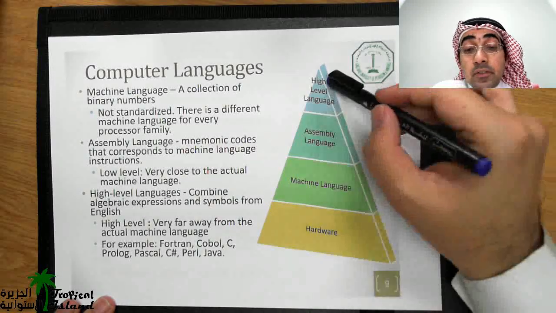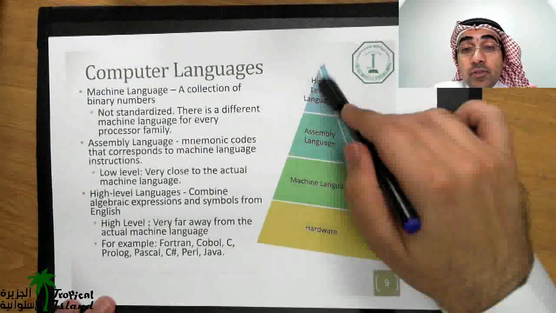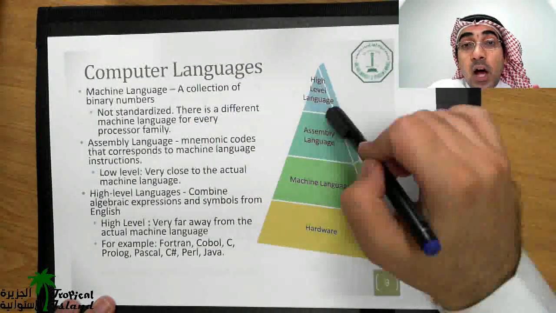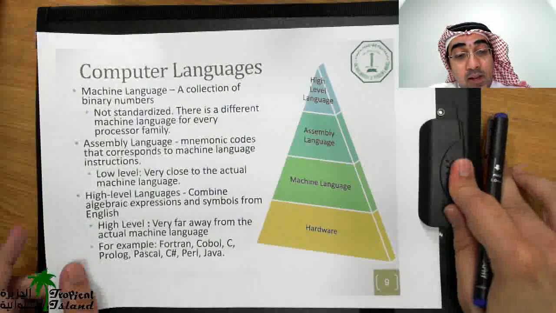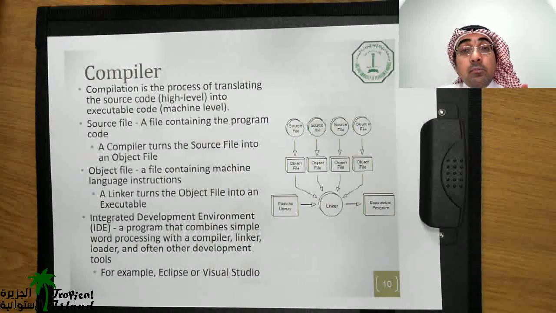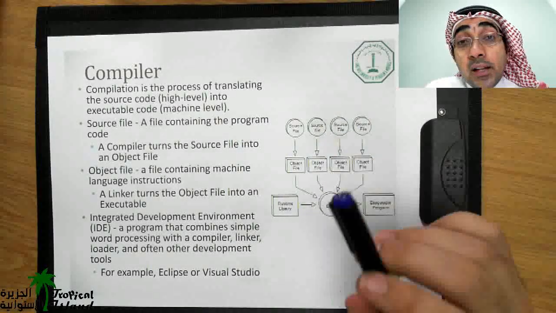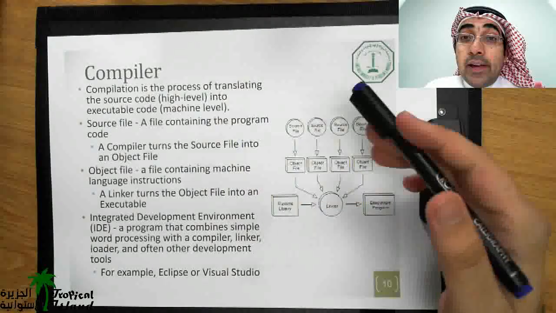Now the problem is that a high-level language is very far away from machine language. How would hardware understand what is written in a high-level language? To explain this, we made something called a compiler. A compiler is software that translates the high-level language to machine language.